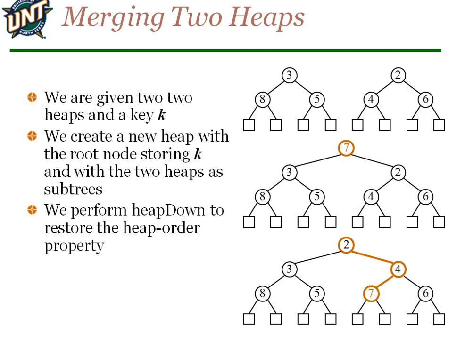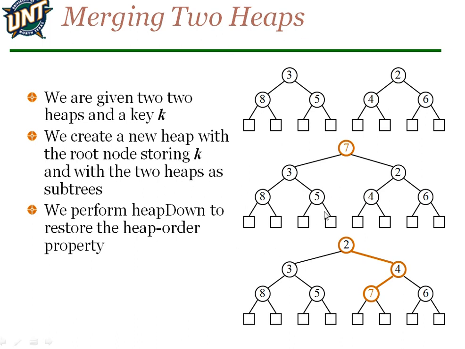So we are given two heaps here. If we are trying to merge two heaps, this is one heap, this is another heap. Now if we club them into one, then we create a new heap with root node storing k and with the two heaps as subtrees.